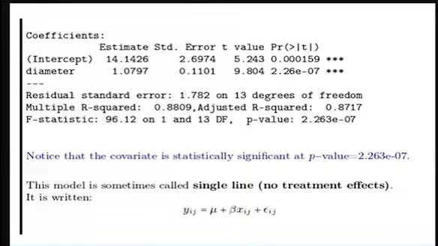But what about a situation where the covariate does not have a significant contribution to the response? In that situation, we don't need ANCOVA. We only need a one-way analysis of variance. Take note of that.